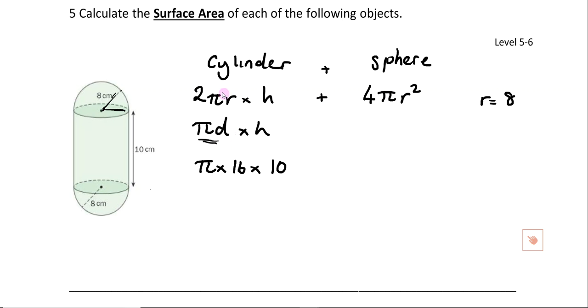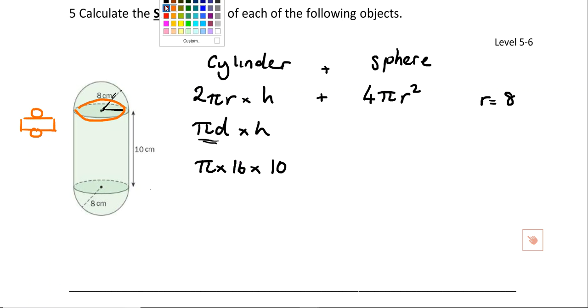What's pi d the formula for? The circumference of a circle. So basically what we're saying is this curved surface area of the cylinder, you kind of have to work out by wrapping it around the circle. So that's the circumference, and that is then the length of the rectangle. Okay? And then we've got the height.